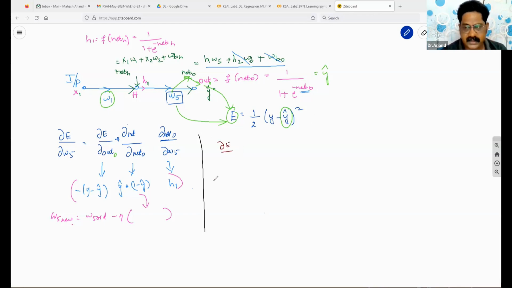This one you can easily do yourself individually. I need to compute dou E by dou W1. Shall we break down this equation into two components? Like the way we broke down that expression into three components, we are trying to break down the expression into components first.